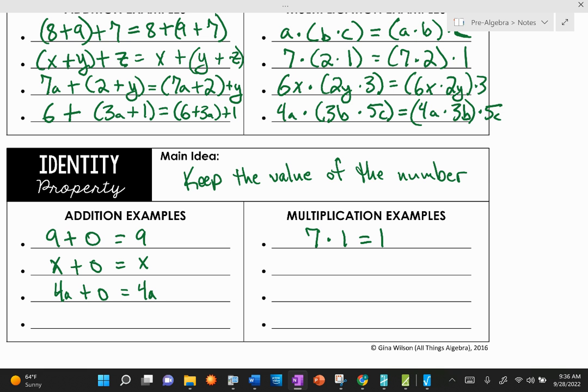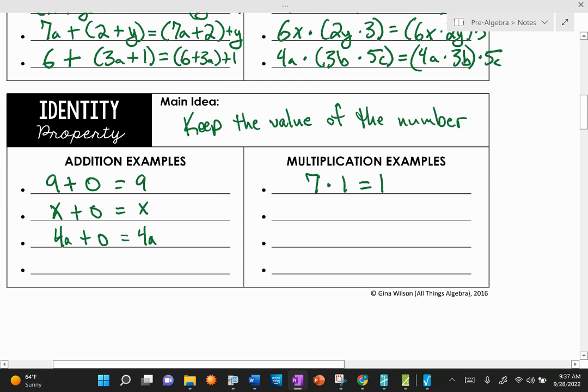If you were working on a problem like this, and maybe this was your last step before solving the equation, you see 4a plus 0, students' brains start to walk down pathways that don't exist because they think it's supposed to be more difficult. Does that make sense? Or we make the problem too hard on ourselves. So it's important to keep this one in mind. As you get older and move forward in math, you'll be more comfortable working with zeros.